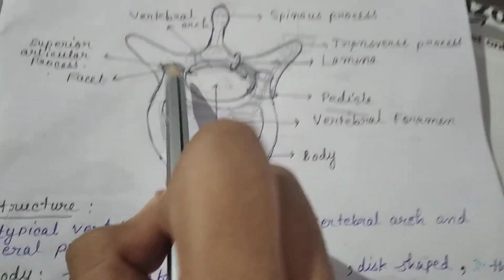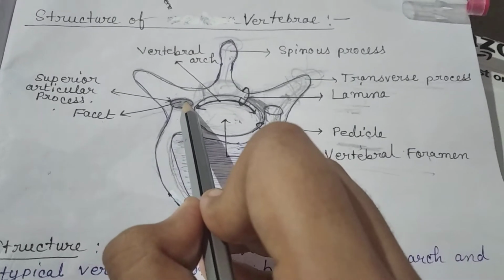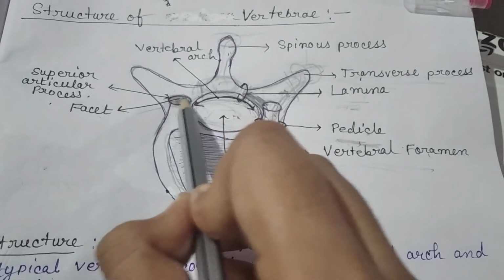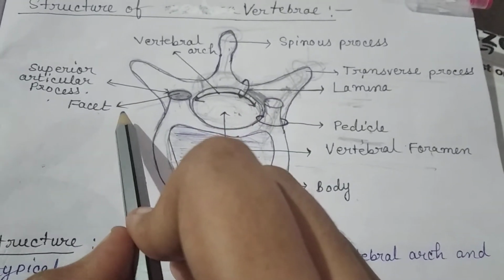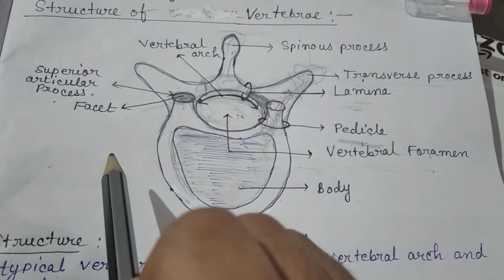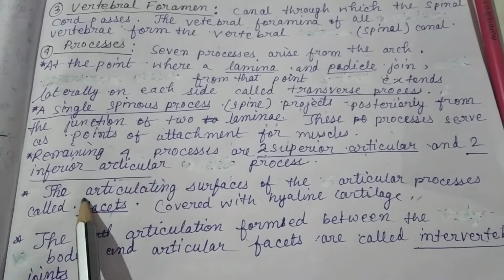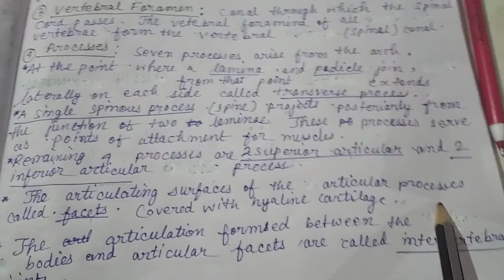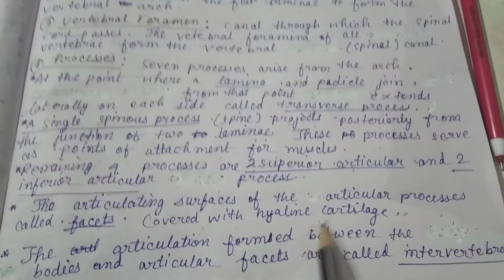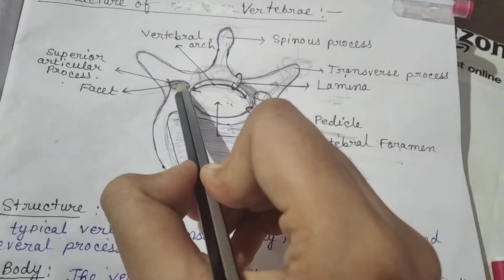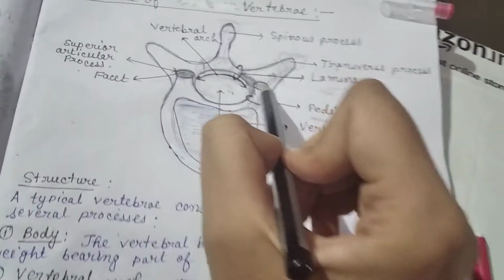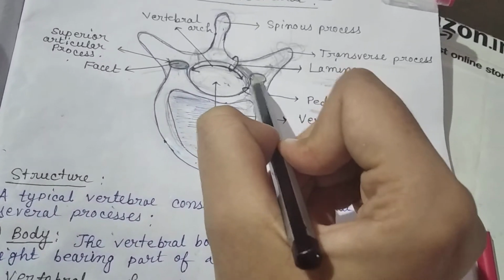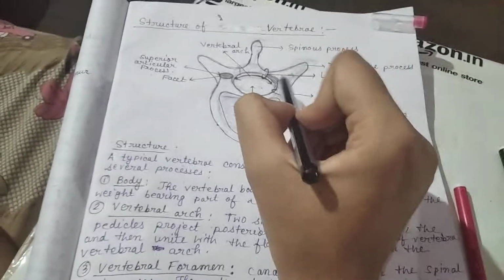The articulating surface of the superior articular process is called a facet. In the same way, the articulating surface of the inferior articular process is also called a facet. The facets are covered with hyaline cartilage to reduce friction.